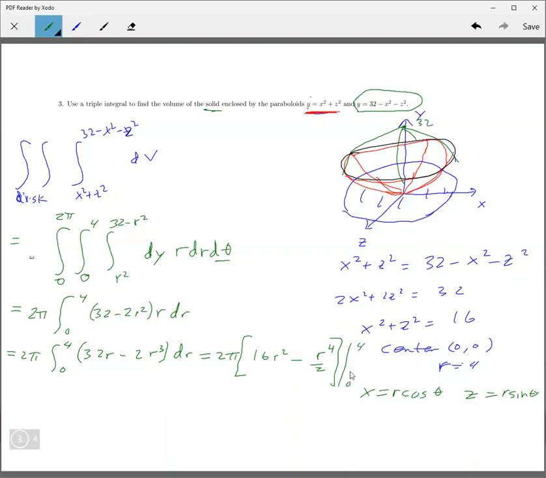You're evaluating it from r equals 0 to r equals 4. So let's put a 2 pi in. You put a 4 in there, and that's 16 times 16 minus 4 to the 4th over 2.